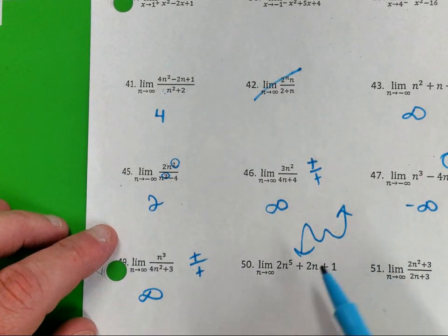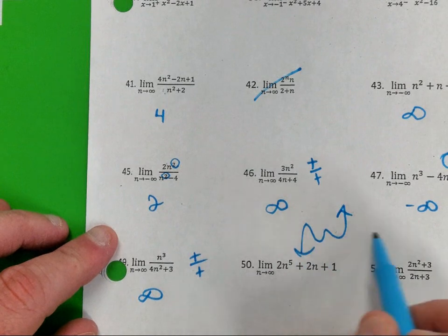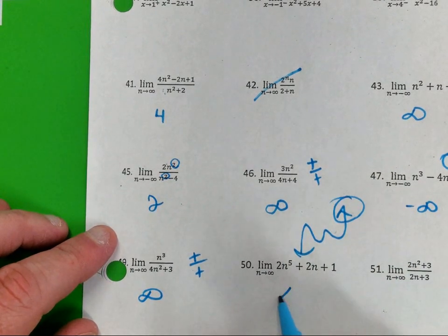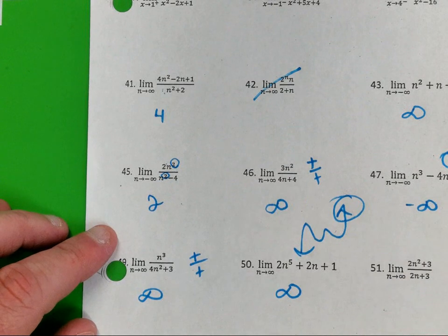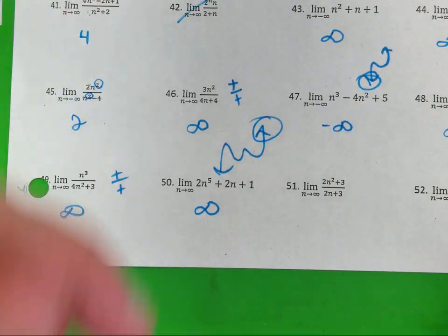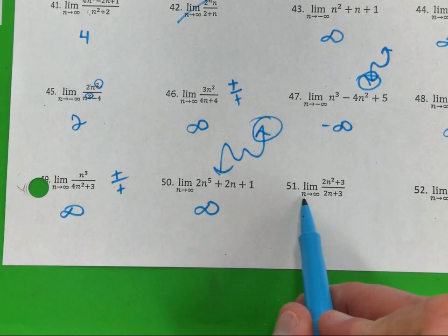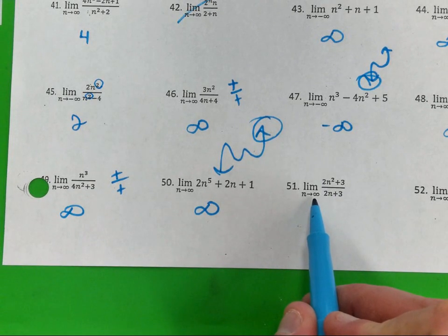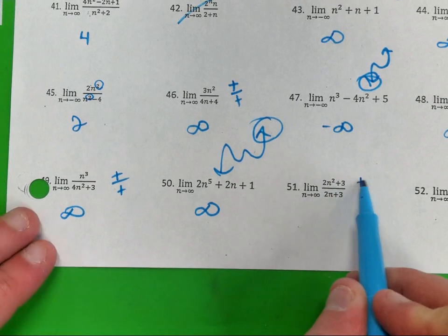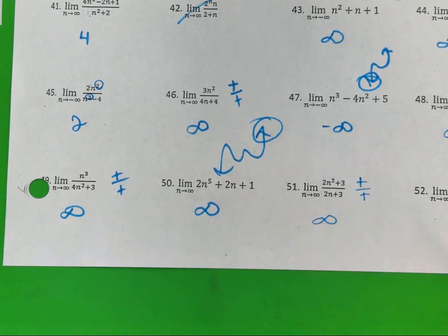I'm getting animated here. As I go to positive infinity, what's happening to this right here? So it's going to positive infinity. Is this bottom heavy or top heavy? Top heavy, so once again. What if this said negative infinity? You would have to plug negative 100 in. But it's positive infinity, that still gives me positive over positive, so that's positive.